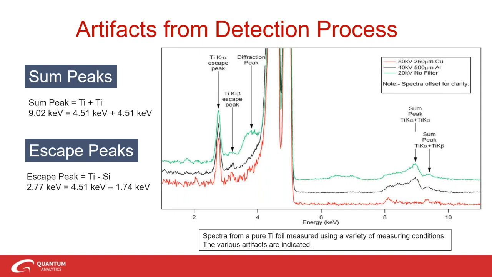This is not a sum peak, I'm sorry, it's an escape peak, where you do a subtraction. So you take your titanium minus your silicon. If the peak is located at 2.77, you'll see that if we take the position for titanium at 4.51 keV and subtract 1.74 keV, you actually get this peak that you'll see at 2.77 keV.